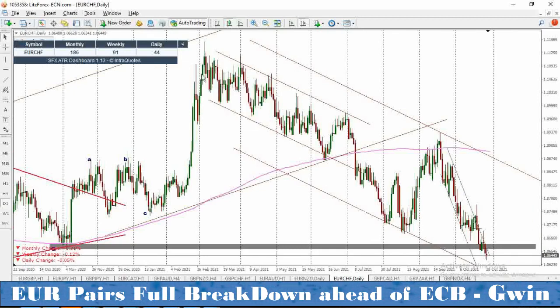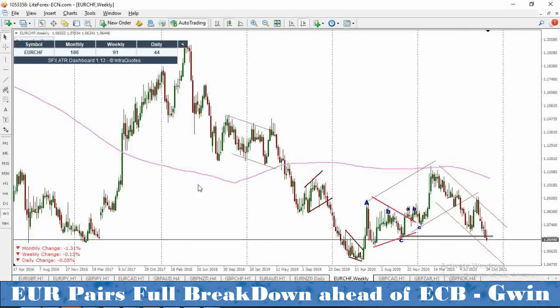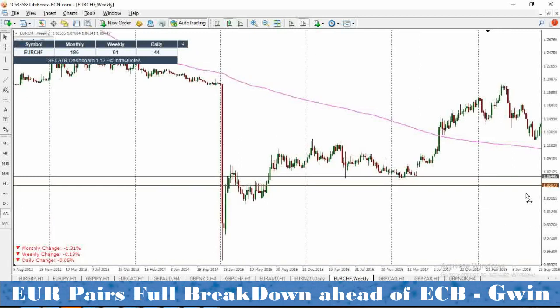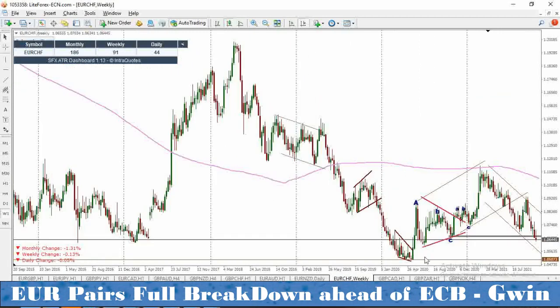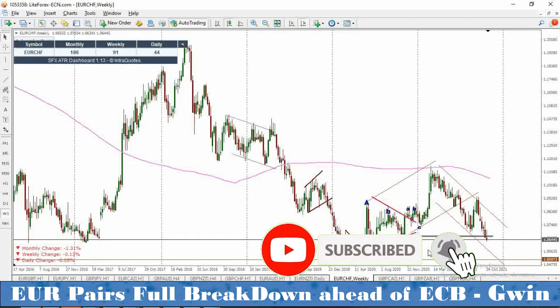However, if there could be further drops in the euro, we might also have price back into test the lows before the pandemic as well, which is around the 1.05 territory.